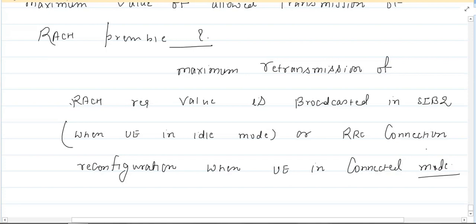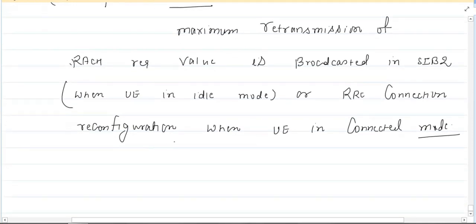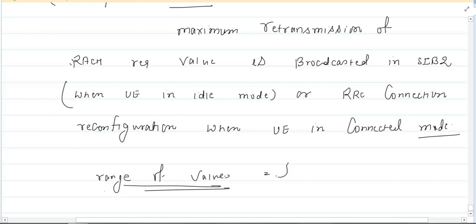So what is the maximum possible value according to the specification? This is the maximum value that the eNodeB can broadcast, any one out of these values. So the range of values, the possible values are 3, 4, 5, 6, 7, 8, 10, 20, 50, 100.